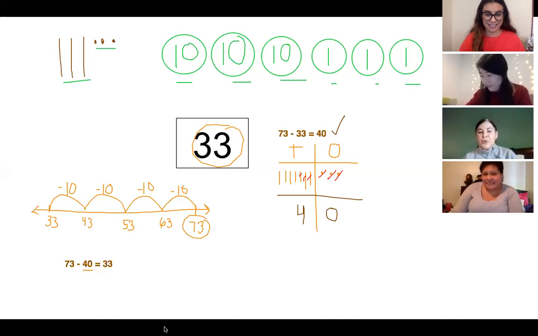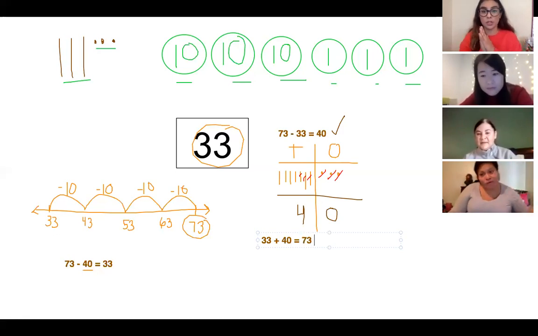We can do 33 plus 40 equals 73. And remember, we always want to make sure that we are checking our work. So what's a strategy we can use to check our work here, Ms. Hernandez? I'm thinking of counting on by tens. Okay. So from 33, I know that 40 has 4 tens, so 33, 43, 53, 63, and 73.